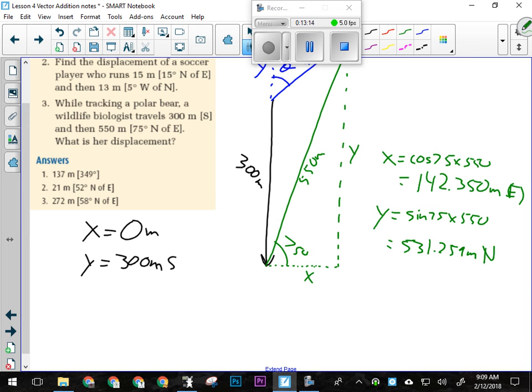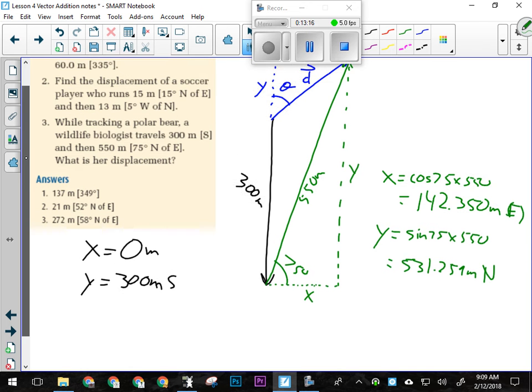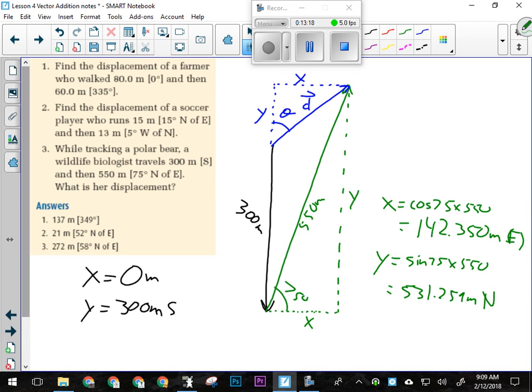So if I'm going to find out what blue y is and blue x is, blue x is obviously the same as green x, because there's no x component for the black line. The only distance east or west it went was this one. So green x and blue x are identical, so that's easy. I don't have to do any adding or subtracting there. It's just 142.35.